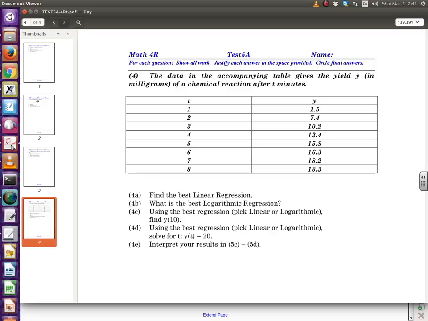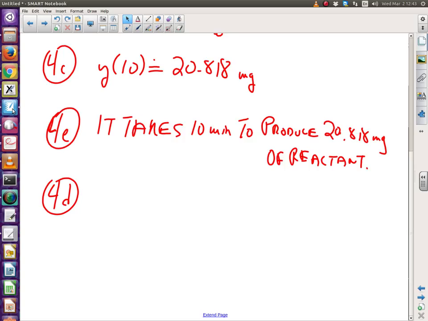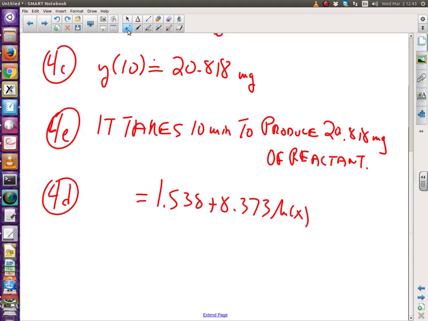Hang on. Let's write down what we're going to do. We have that y is about 1.538 plus 8.373 ln of x, the logarithmic regression, right? That's what y is. I want to find the x value, or the t value. It's really the t column, not the x column, when y is 20.